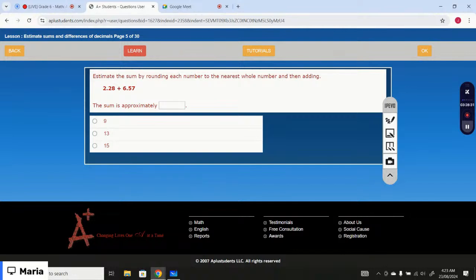Option number 1 is the correct option. You simply have to, first you have to estimate them and then you have to add. Let me explain. Just listen to me carefully, right?